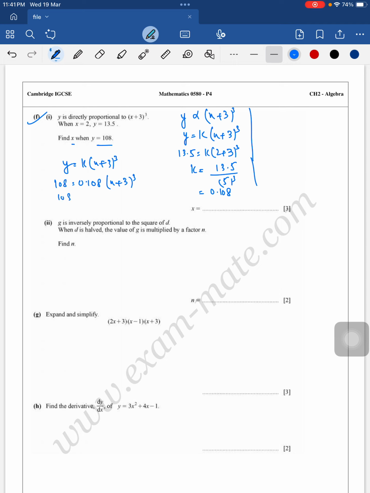So 108 upon 0.108 is equal to x plus 3 the whole cube. So using the calculator, divide this up: that is 1000, is equal to x plus 3 the whole cube. Now applying the cube root so that this cube can be eliminated.